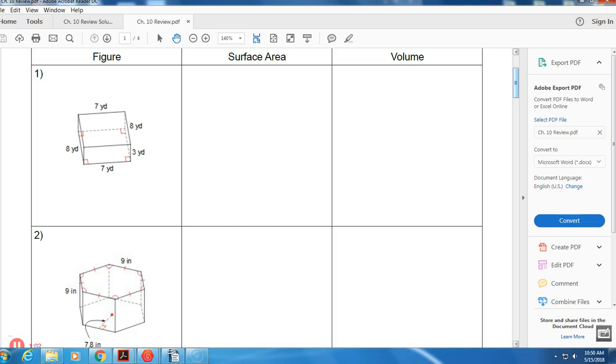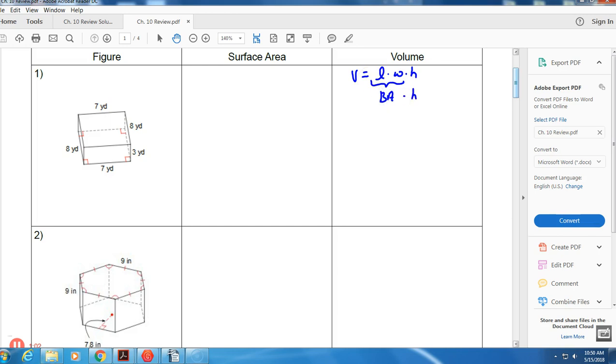So we have this rectangular prism, this box, for surface area and volume. You're going to find that volume is much faster and easier than surface area. So let's do volume first, just because it's easier. Volume for any box is just length times width times height. Or, in general, it's the base area times the height.